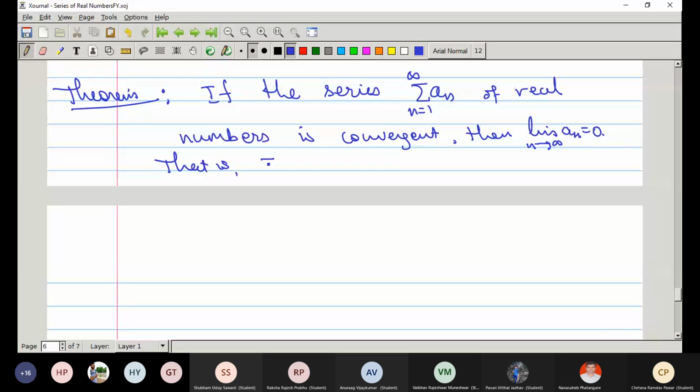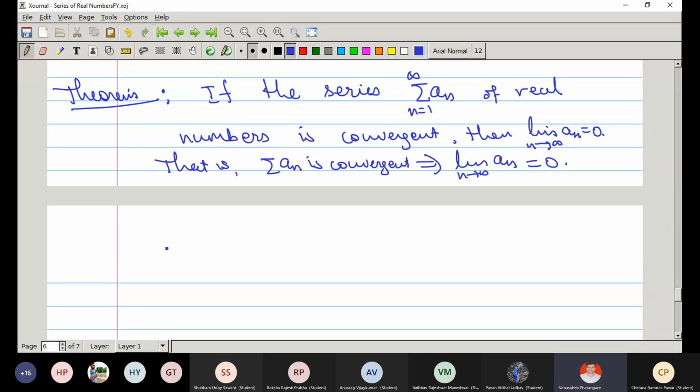That is, the series an is convergent implies the limit of an, the nth term of the series, not the sequence, is necessarily 0. Now I am not looking at the sequence of partial sums. This is what this theorem says.